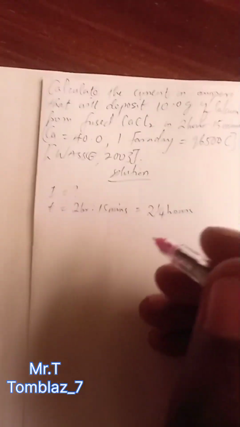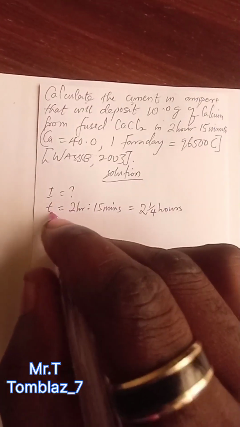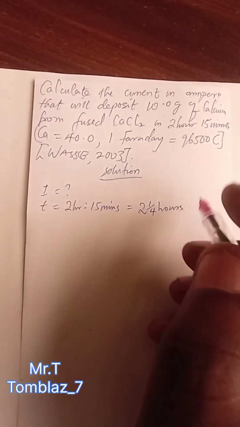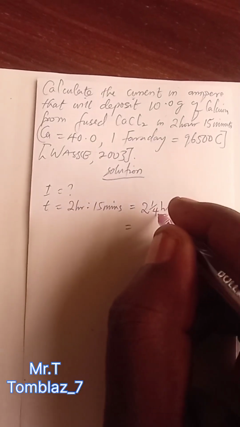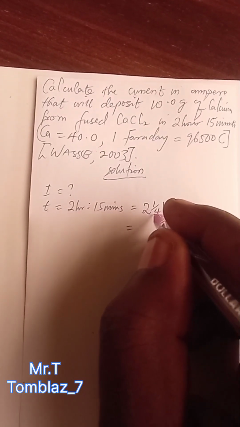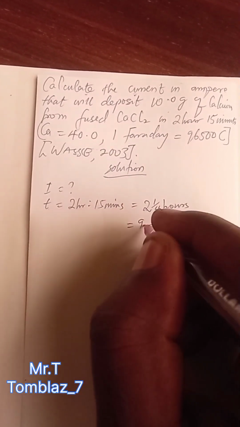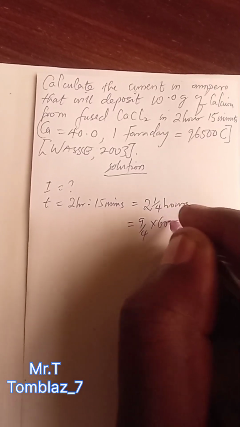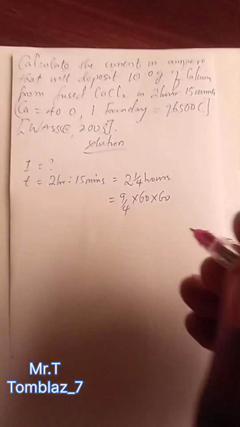Now, we have to first convert this time to seconds. So this is going to be 9/4 times 60 times 60.